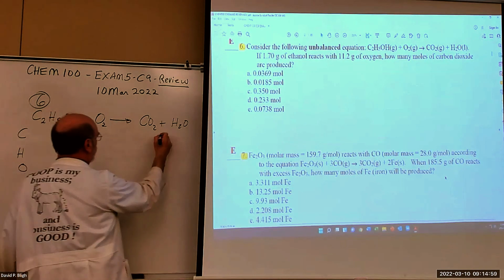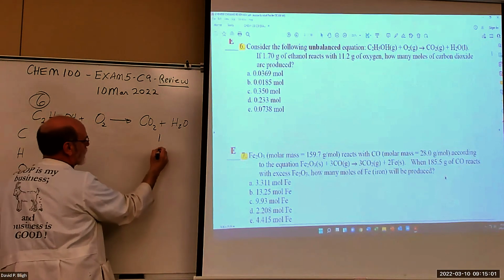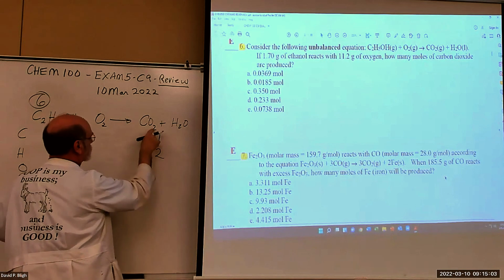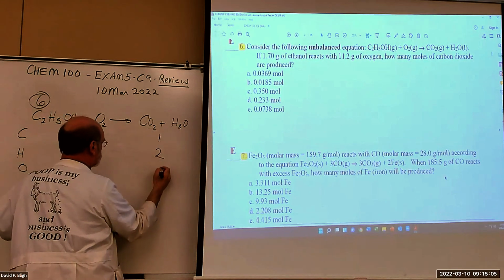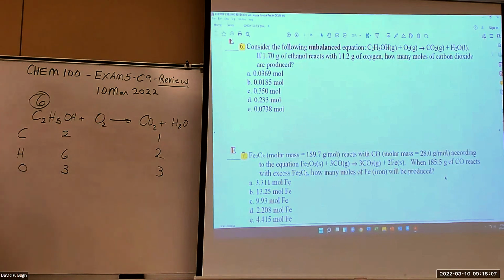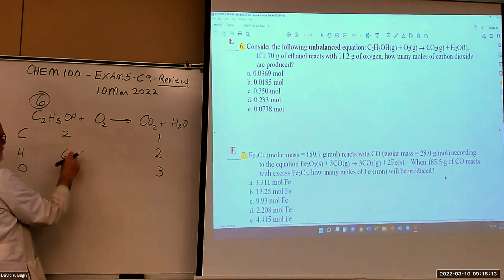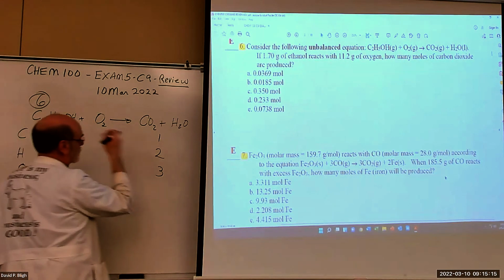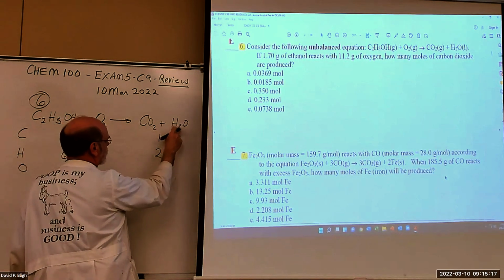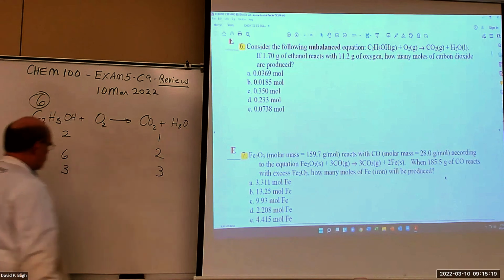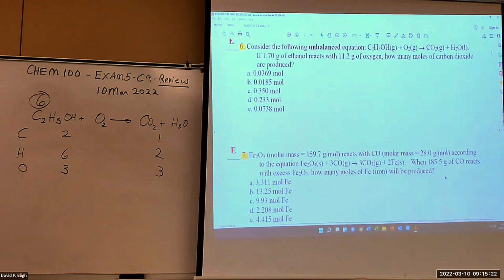On this side, we got 1 carbon, 2 hydrogens, and 3 oxygens. Let's see if I counted right. Okay, we're good. Now, where do we start?